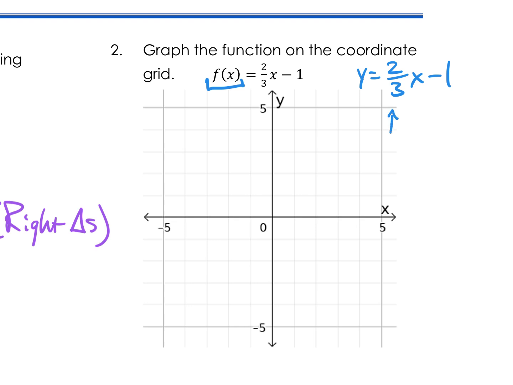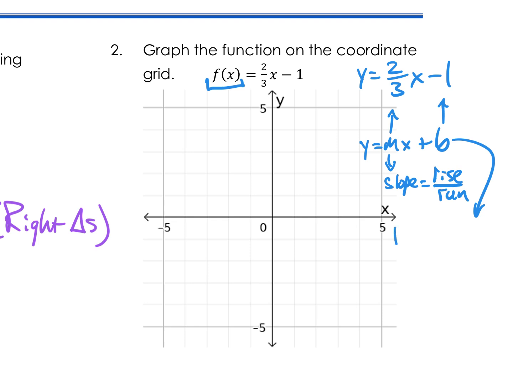This is in slope-intercept form: y equals mx plus b, and m tells us the slope, and slope is rise over run, remember that? And b tells us the y-intercept. So b is the y-intercept.